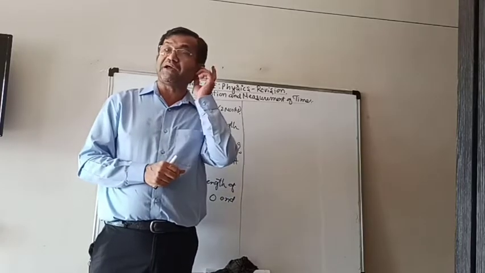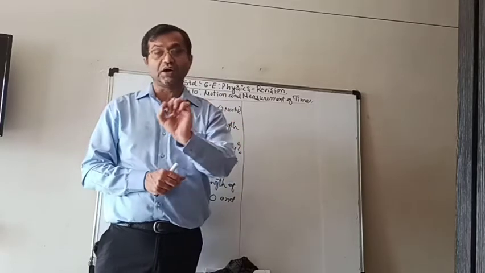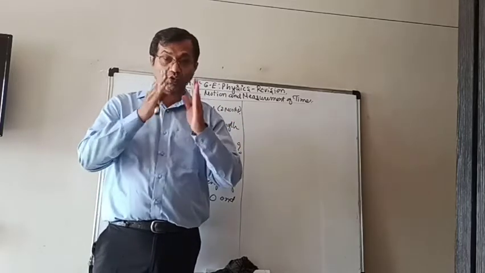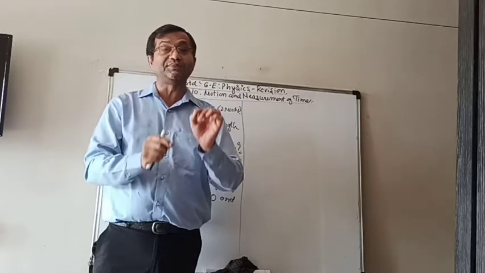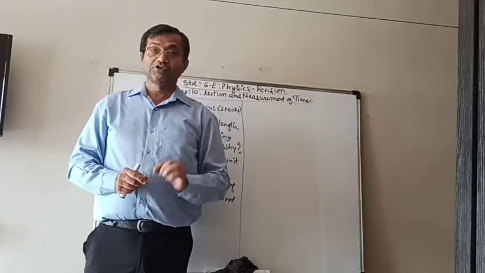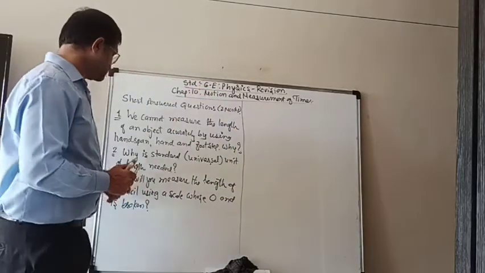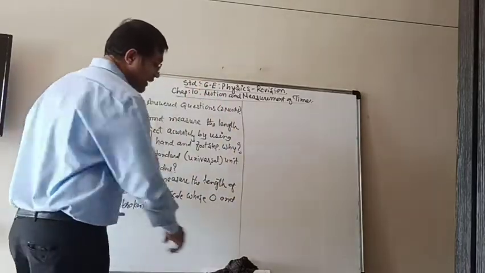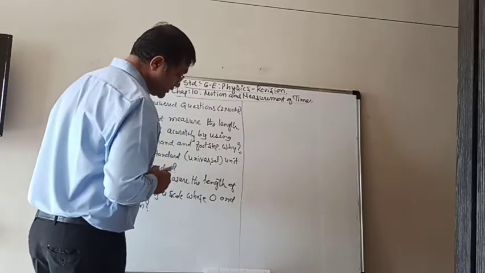Then from the final reading, you have to subtract the initial reading to get the perfect measurement of the length of that pencil. So whenever it is broken, you have to do it like that. So you will be able to write down the perfect measurement of the pencil.